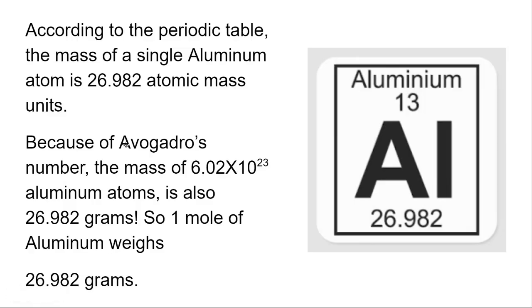All right. So according to Avogadro's discoveries and the discoveries that followed after that, what we have discovered is that if you count 1 mole of atoms, or 6.02 times 10 to the 23rd, which by the way is an enormous number, and put that number of atoms on a balance, it will have the same mass, I shouldn't say weight, it will have the same mass as each atom's atomic mass.